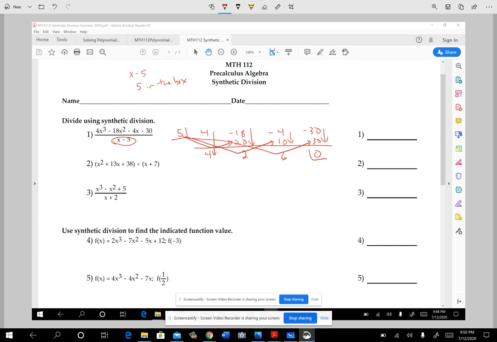Okay, so what happens is this 5 corresponded to the x minus 5. Okay, this was the 4x to the third minus 18x squared minus 4x minus 30.